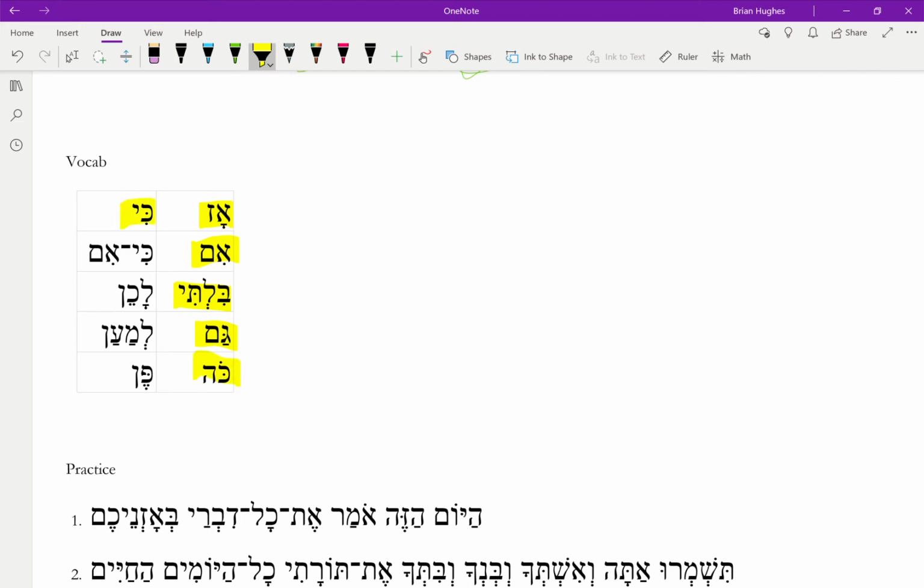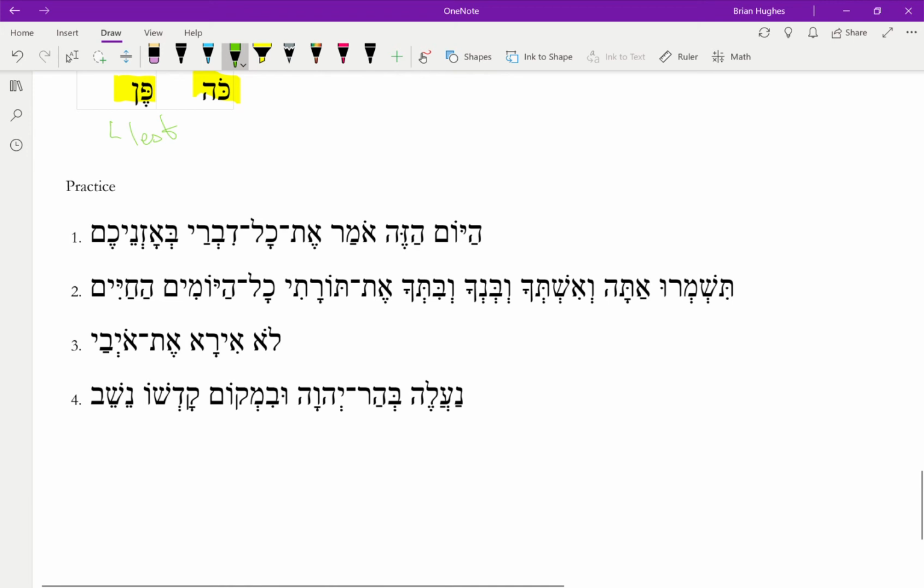Ki is because or that. It can also introduce speech. Ki'im is unless or except. Lachen is therefore. Lema'an is in order to. And pen is so that not, or lest, as in lest you do this.